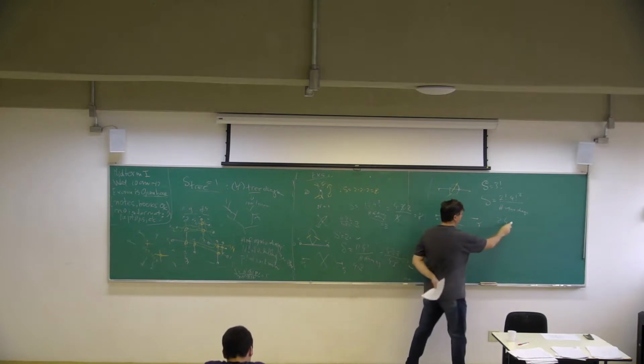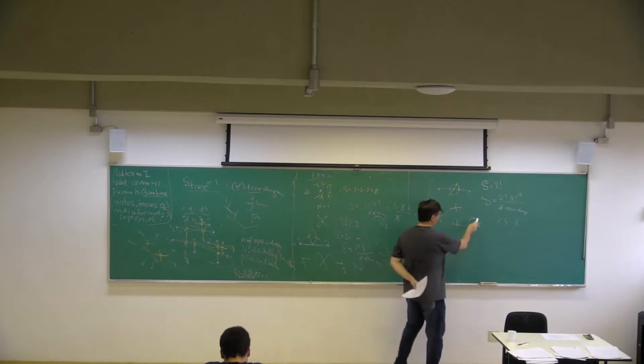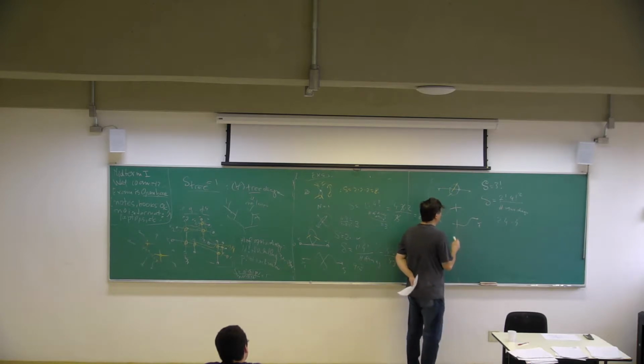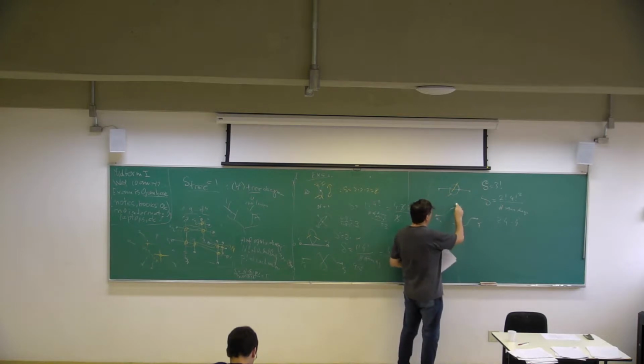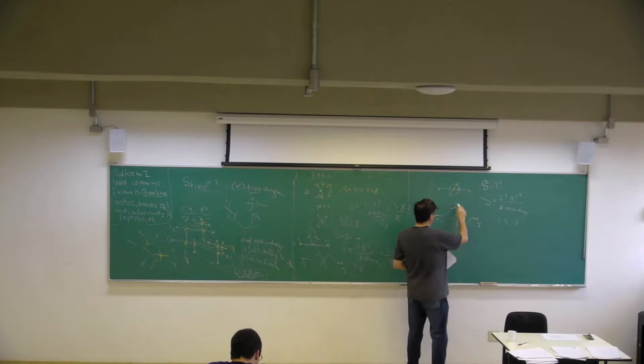So I have 4 choices to connect x2 with one of these things, right? And now, I have, let me see. So now I have to pick to connect one of these 3 lines here with these 3 lines here.